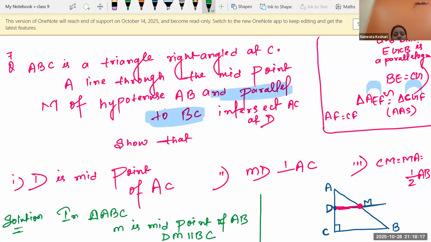Therefore, D must be the midpoint of AC. And in brackets, you need to write by converse of midpoint theorem. Clear?